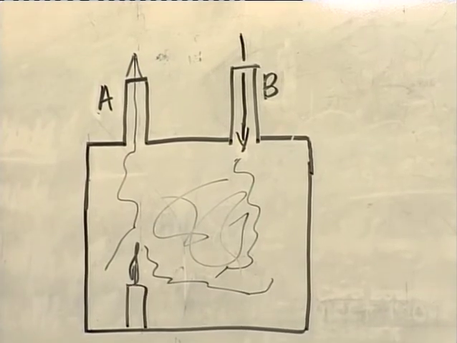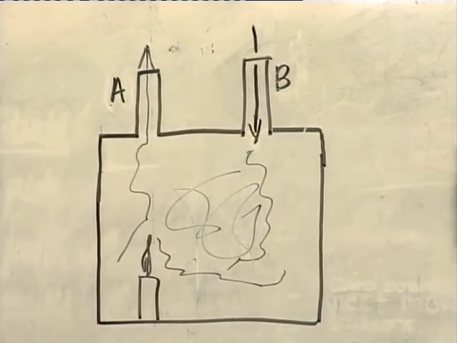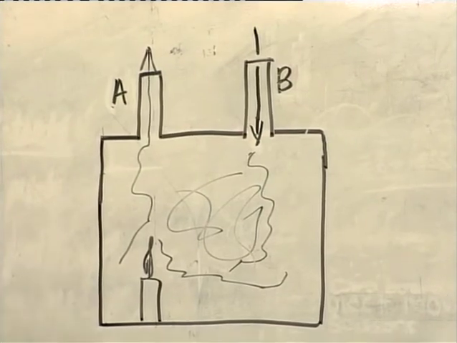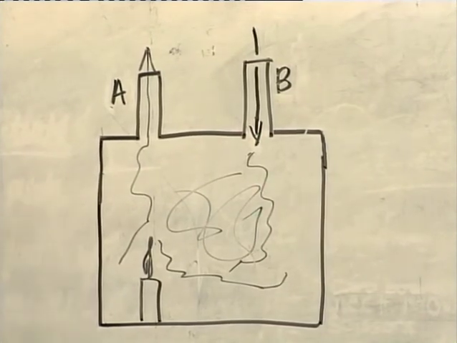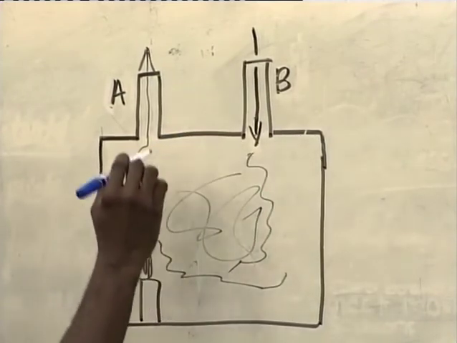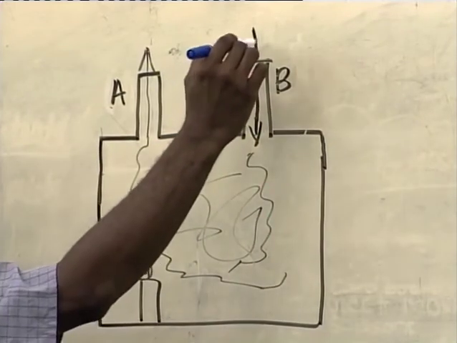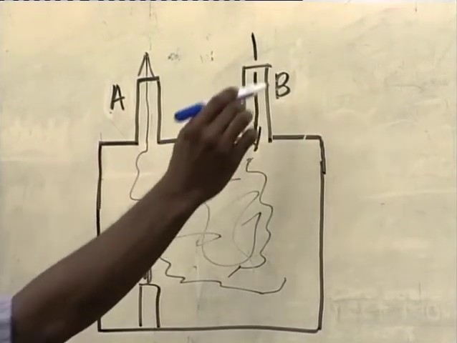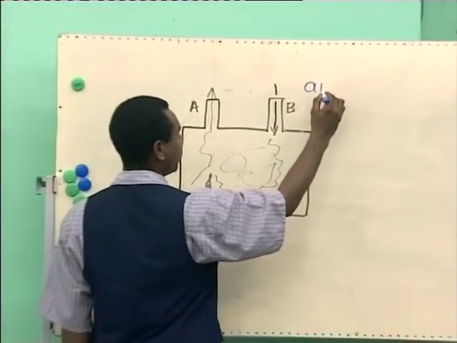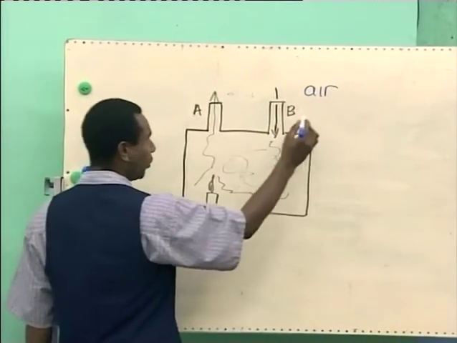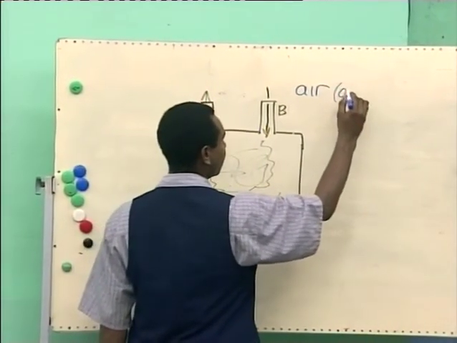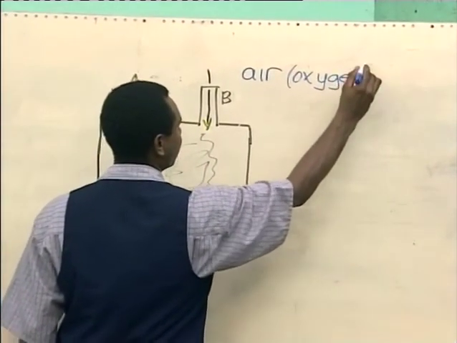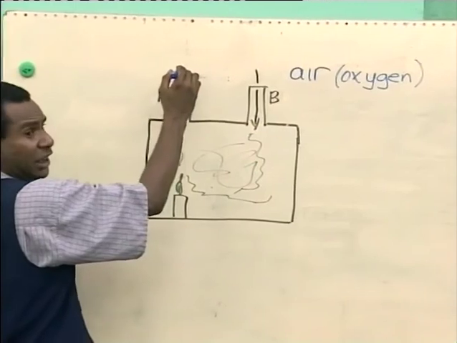Okay. What goes in? All right. That's what he has drawn. So what goes in here? Air. Of course, air. Oxygen, yes. What comes out here?